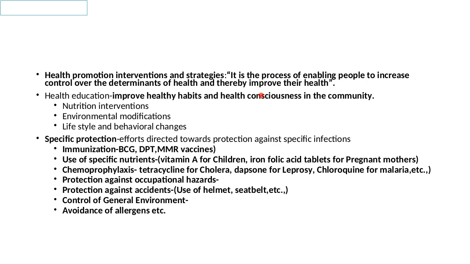So for specific protection, not social protection, you're targeting a specific risk factor. When you're doing nutrition intervention, you might target a lot of risk factors. When you're doing environmental modification, you might target a lot of risk factors. But with specific protection, you're targeting a specific risk factor causing a specific infection. An example is immunization.